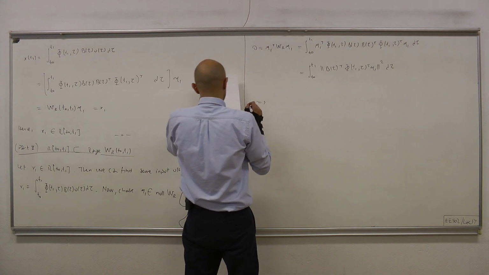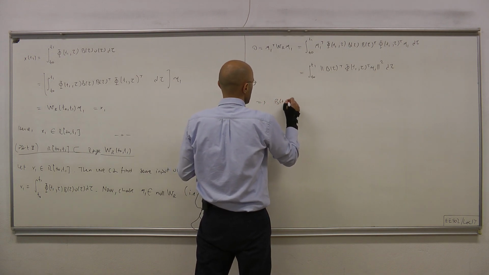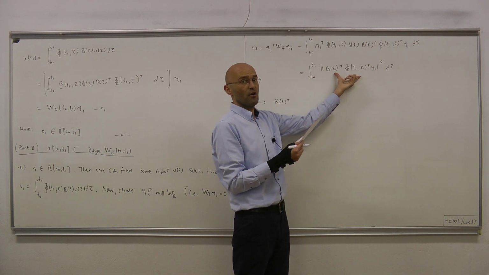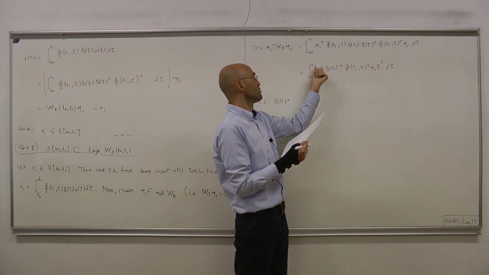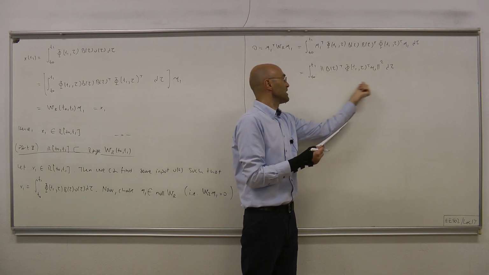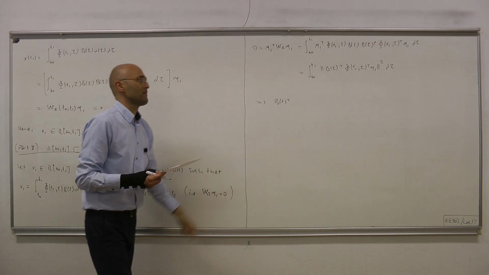So that implies that this norm square is 0 through this interval from t0 to t1. That means the norm is 0, and that means the thing that's being normed must be 0.